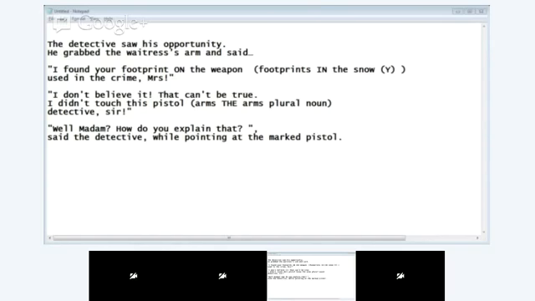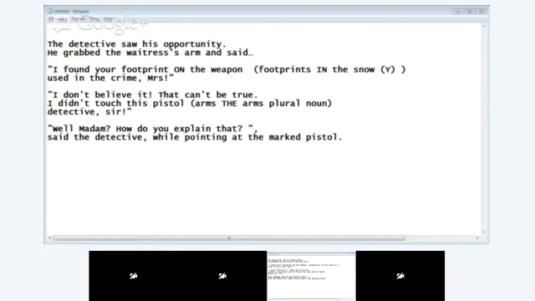Okay, two words I want you to read again on that last bit. Actually, I'll make a little sentence. Can you see the Verbling chat? Can you read those four words in the Verbling chat? Explain the marked pistol. Well, it's not marked, it's marked. And explain is like train, plane. The rain in Spain falls mainly on the plain.